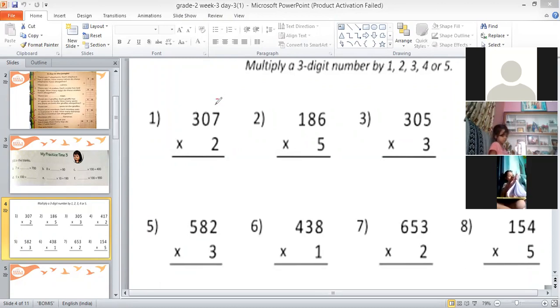Here 7 is in ones place. This 0 is in tens place. And 3 is in hundreds place. Again, I'll repeat, in one box only one number.